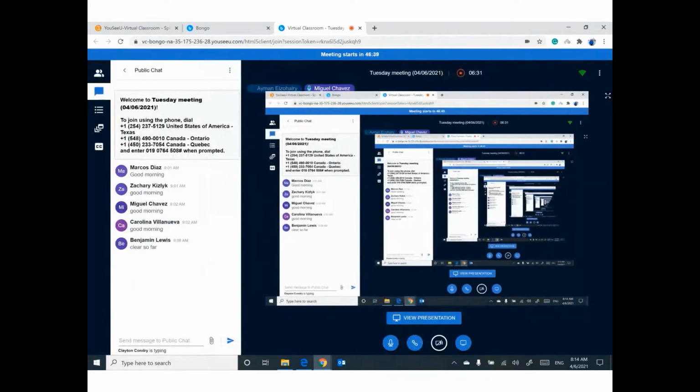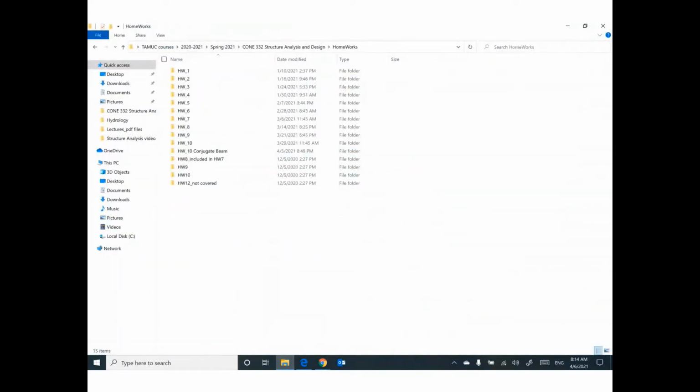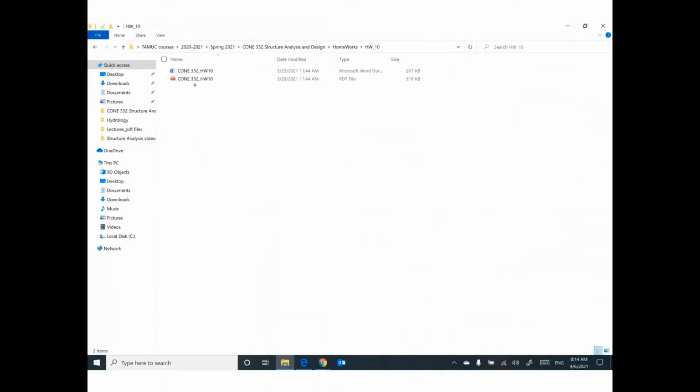I have a question, but it's from the homework. Related to truss or beam? Beam. Homework number 10, I think.